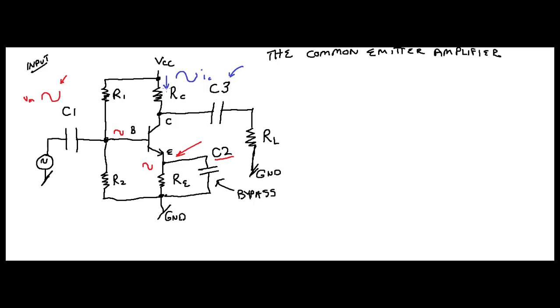If your current is increasing, we're going to say that this voltage here, let me change that so it's the right color, that voltage is going to decrease. Well, let's look at it.